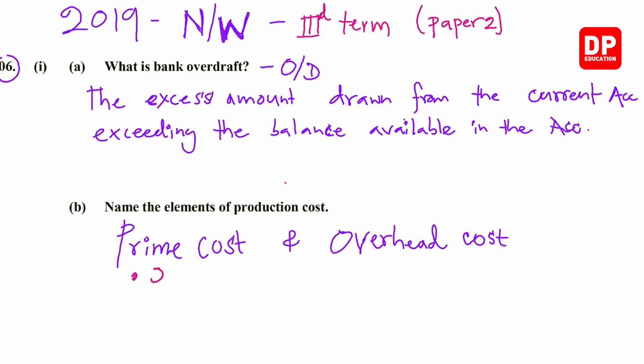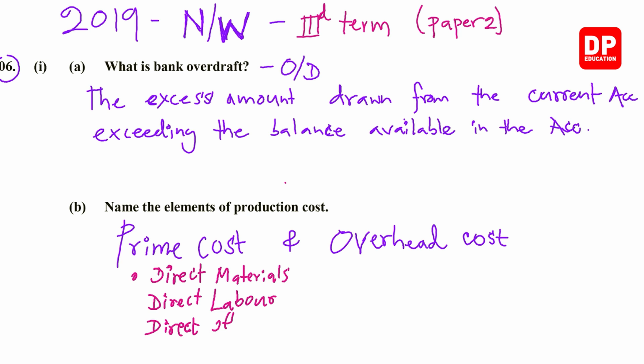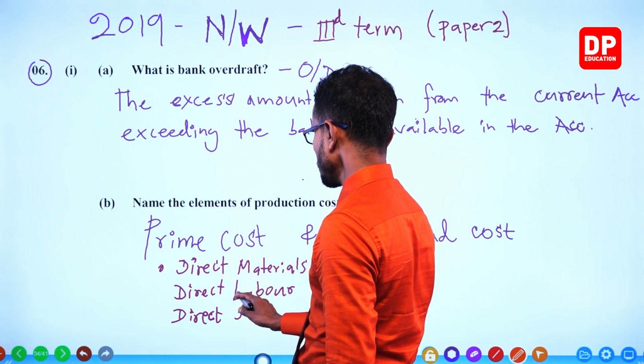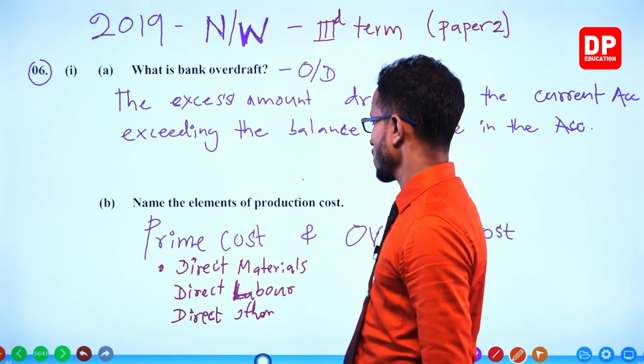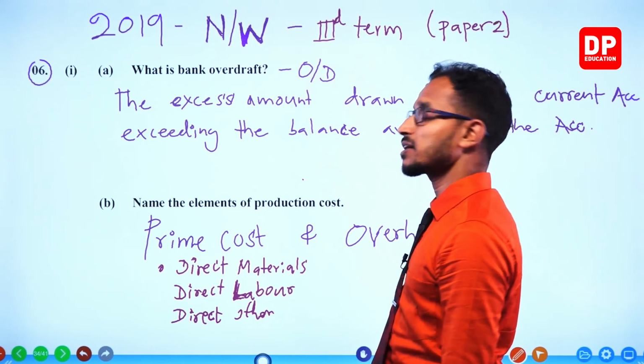Under prime cost: direct material cost, direct labor, and direct other costs. These are the elements of production cost.